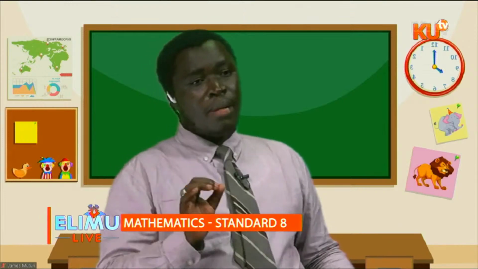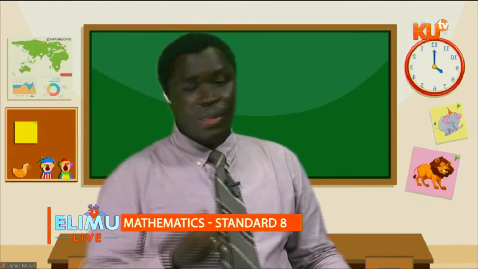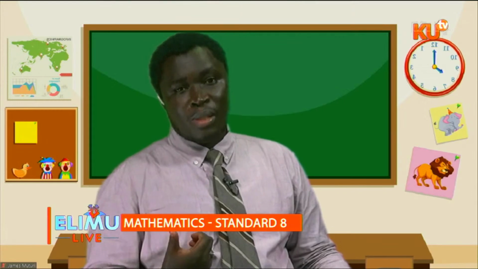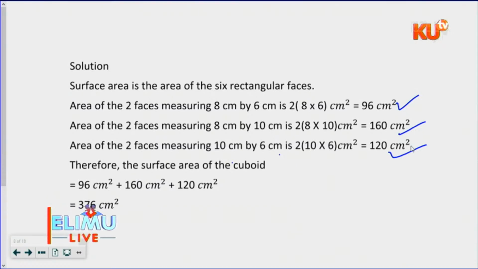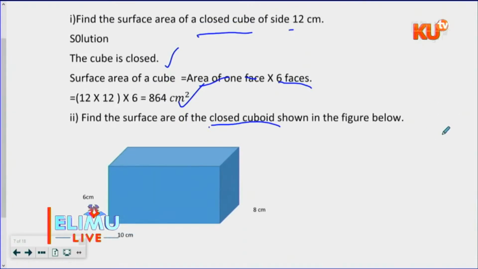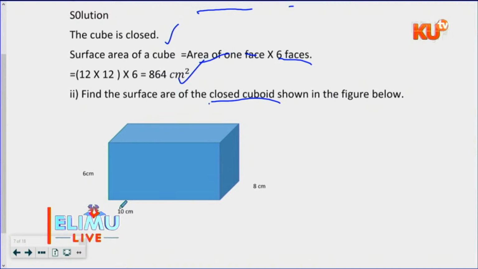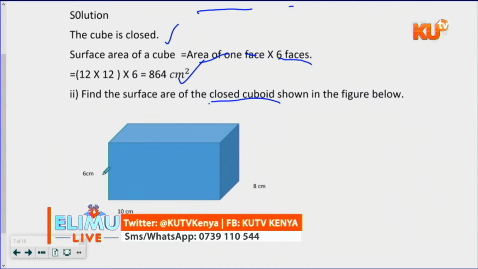Just to come back, this one is according to the formulas that we have of our cuboid. Let's look at the cuboid first of all. This is the cuboid. This is the one measuring length, and this one is for width, which is 6, and this one is for height, which is given here as 8.